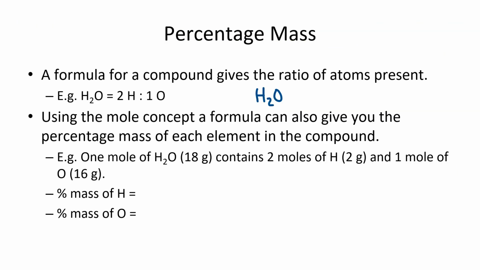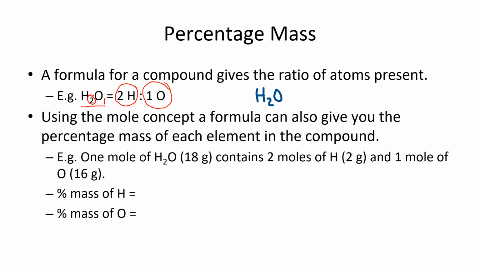So first of all, you need a basic idea of how mass is related to the different components inside of a compound. So use a nice simple example here with water, and you know that the number of particles is the ratio in the formula. So you get 2 hydrogens for every 1 oxygen in water.